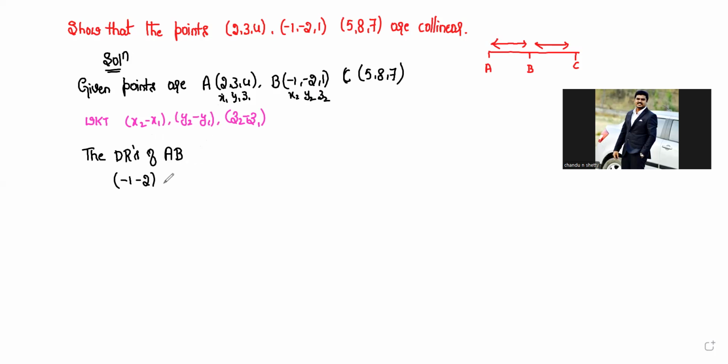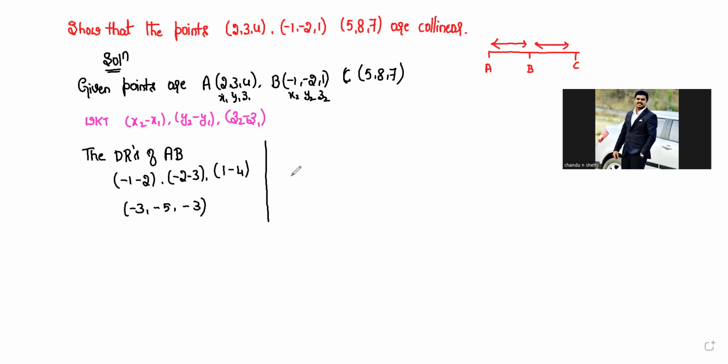Now again y2 value is -2 minus y1 value 3, and again z2 value is 1 minus z1 value 4. Okay. So the direction ratio of AB is -3, -5 and again -3. Got it, all of you?